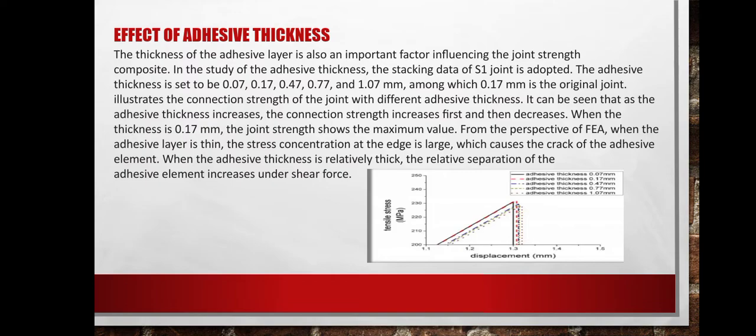The figure illustrates the connection strength of the joint with different adhesive thickness. It can be seen that as the adhesive thickness increases, the connection strength increases first and then decreases. When the thickness is 0.17 mm, the joint strength shows the maximum value.